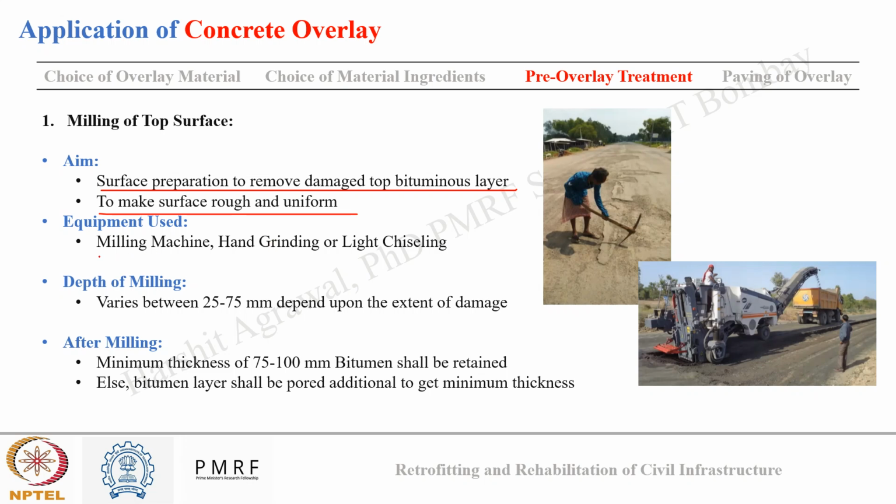This can be done either by using milling machine, hand grinding, or light chiseling. And the depth of milling generally varies between 25 mm to 75 mm depending upon the extent of damage in the pavement. And after milling, a minimum thickness of 75 to 100 mm of bitumen shall be retained. Else, a bitumen layer is poured for getting the additional thickness.